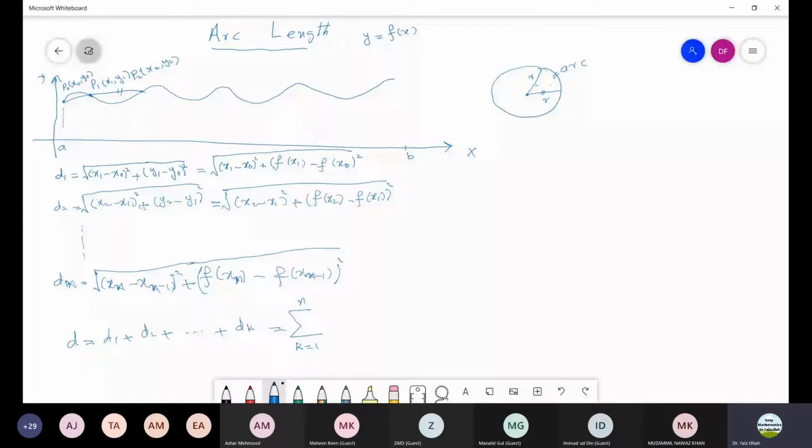And if I put dk, the distance d will be equal to summation k from 1 to n, and now here I am writing that distance, which is dk. dk is (xk minus xk minus 1) whole square plus (f of xk minus f of xk minus 1) whole square under the root.